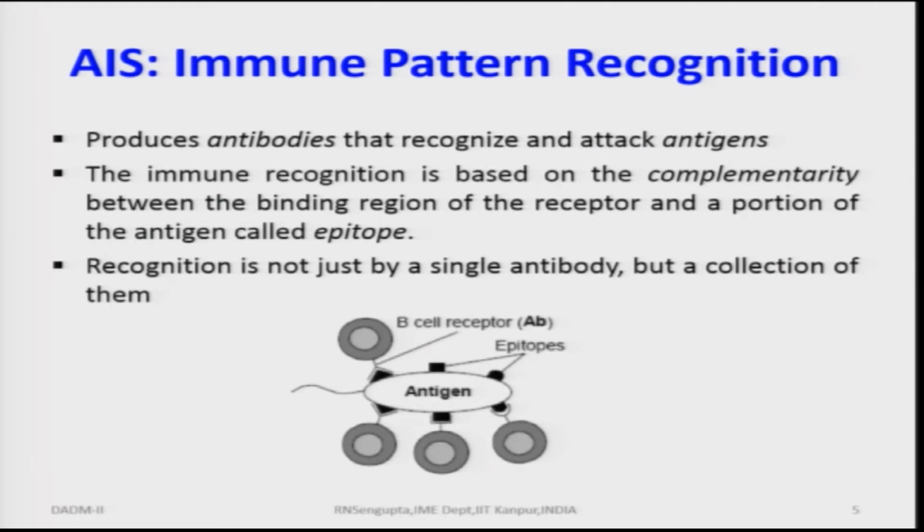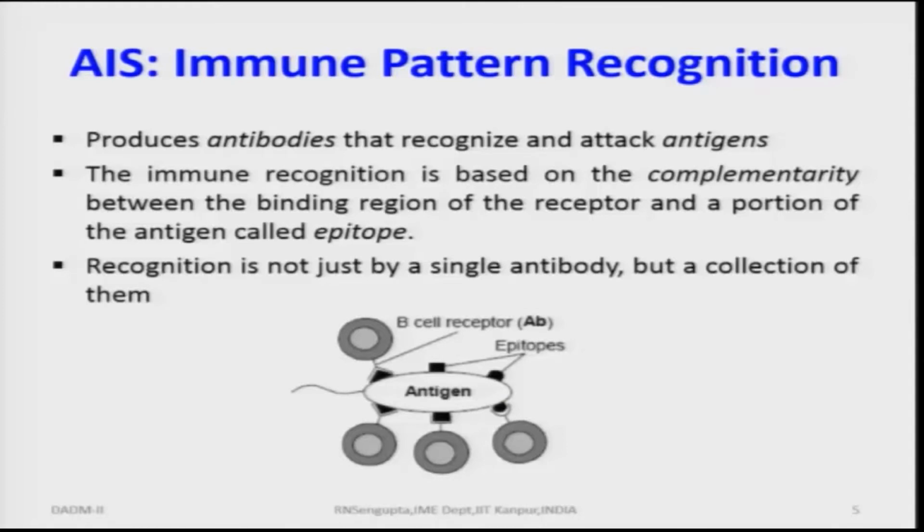The recognition is not by a single antibody, but by a collection of them, such that all of them attack in such a way that the antigen, which may have different ways of replicating, is made redundant. If you consider here, you have hemispherical linkages, triangular linkages, these are the epitopes, and circular linkages, such that different ways of binding by the cell receptor would happen and the antigen would collectively be made dead.